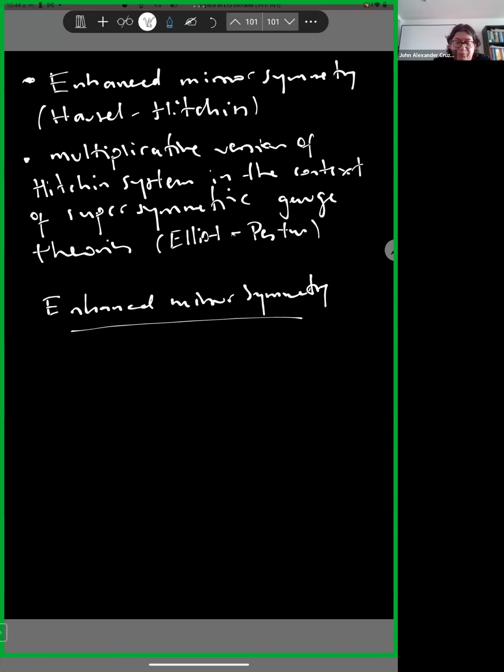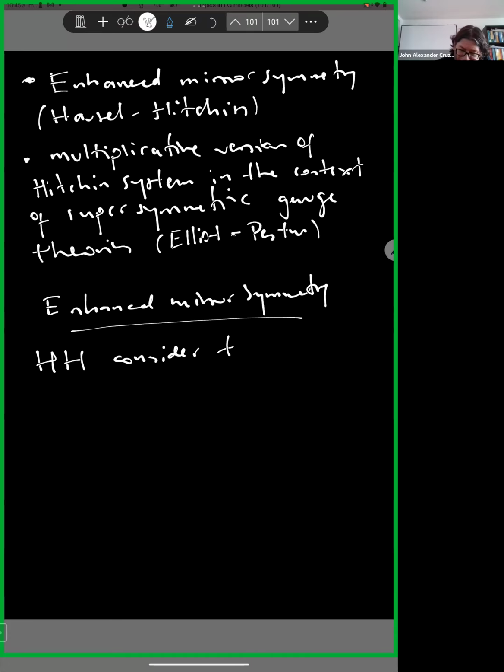Using this kind of work, what Hausel and Hitchin tried to do was to extend this picture when you consider the action of a torus.